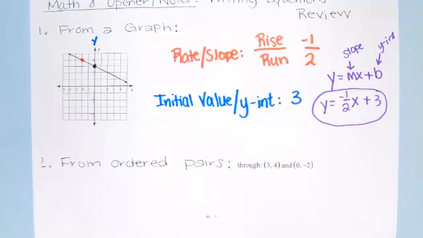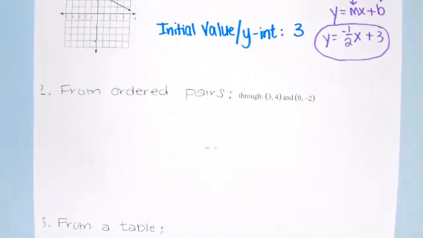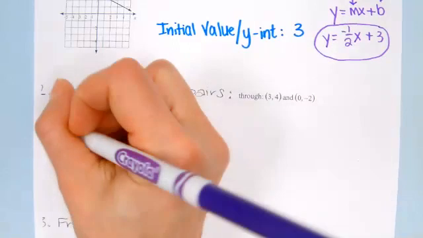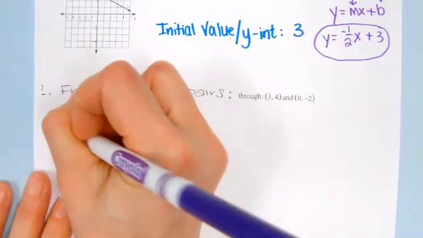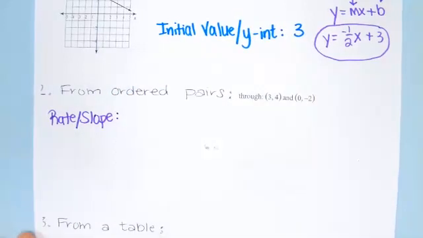Okay, let's do the next one. So this is from a graph. This is how we do it from a graph. From ordered pairs was a little more challenging, okay? So this one, we still have to find the exact same stuff. We still have to find the rate and the slope, rate or the slope, I should say, and we still have to find the initial value.